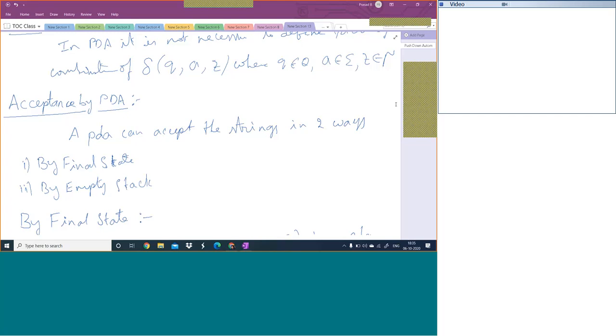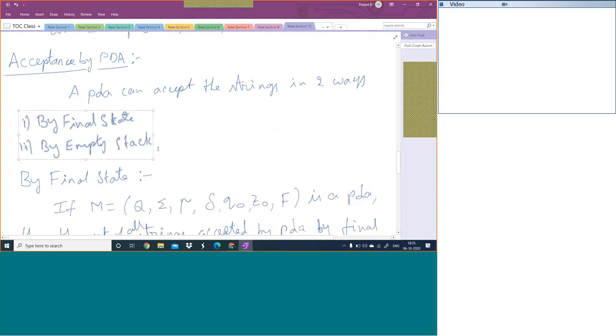Take the notes. First one, by final state, and second one, by empty stack. Copy these two.